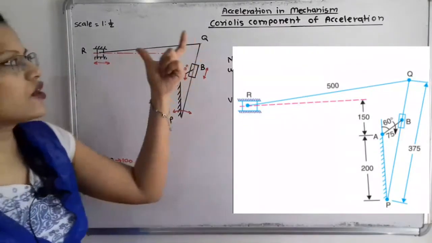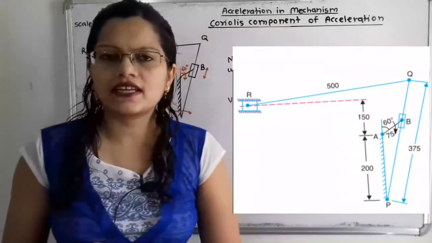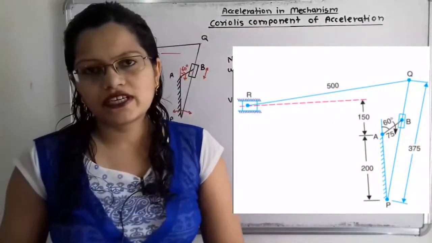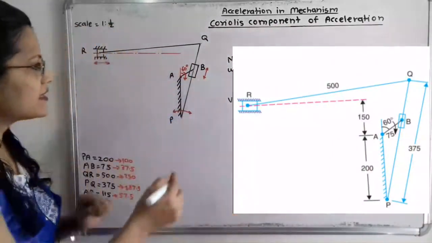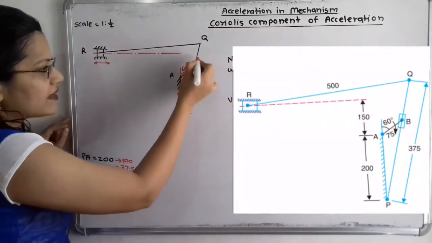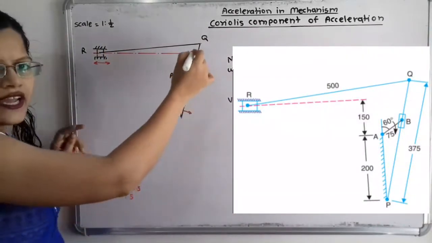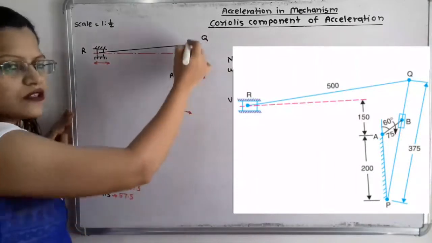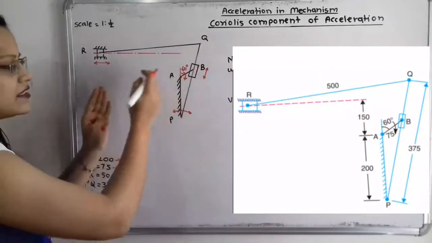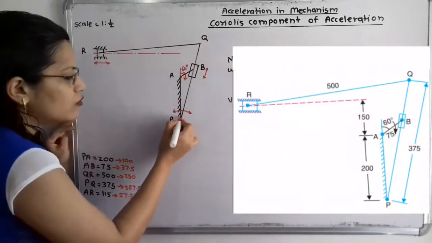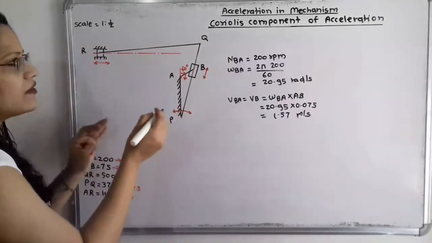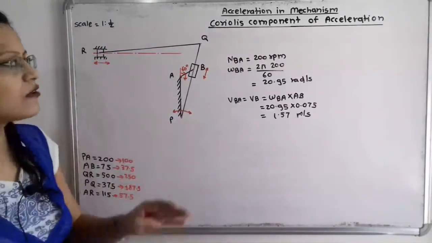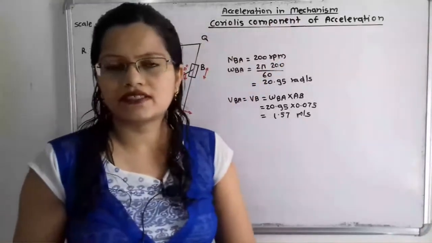So why is the Coriolis component of acceleration calculated here? When a slider has reciprocating motion along a slotted bar and that bar has rotary motion about some particular point, then we calculate the Coriolis component of acceleration.